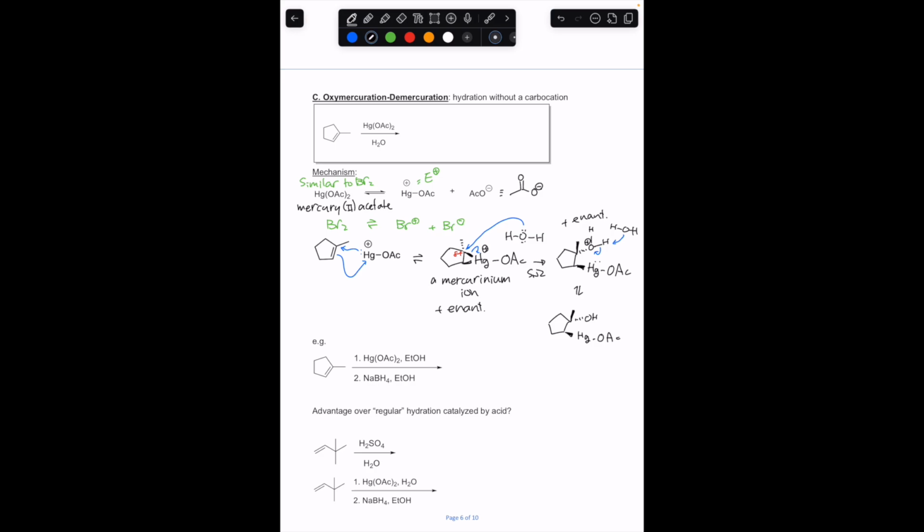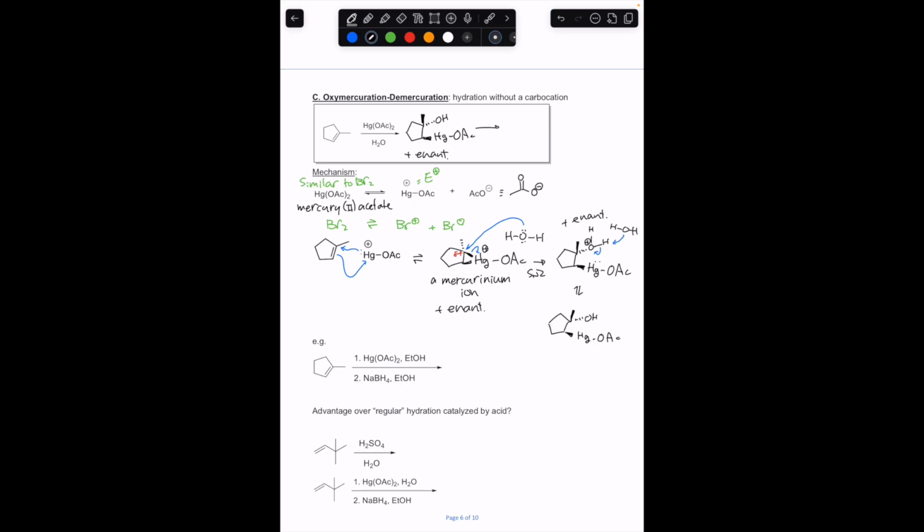Well, this is really the product of the first step, and then you have to follow it up with another step to get a non-mercury containing compound. Organomercury compounds are super toxic. Depending on what it is, you could drop dead from it pretty easily. So that's the product of the first step.